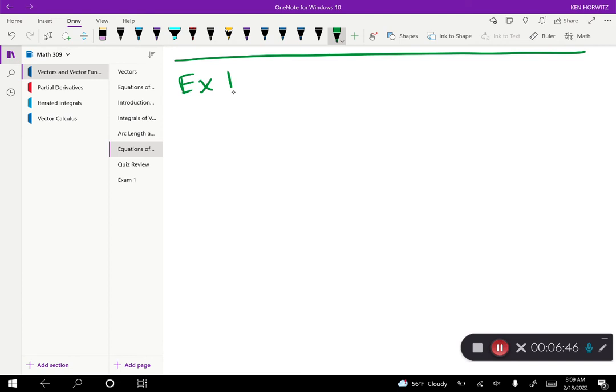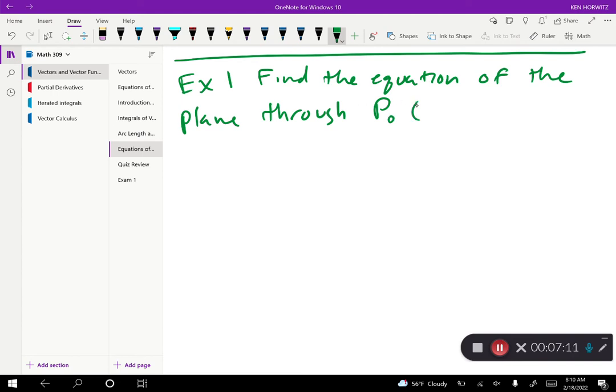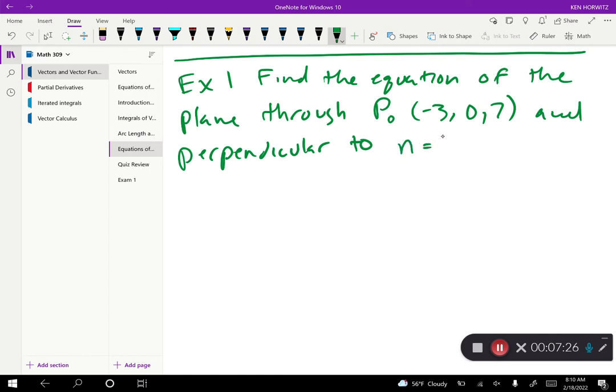So it's going to be: find the equation of the plane through P naught, (-3, 0, 7), and perpendicular to vector n, which is 5i plus 2j minus k.